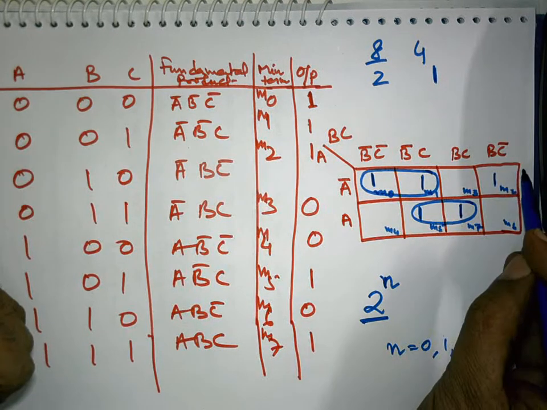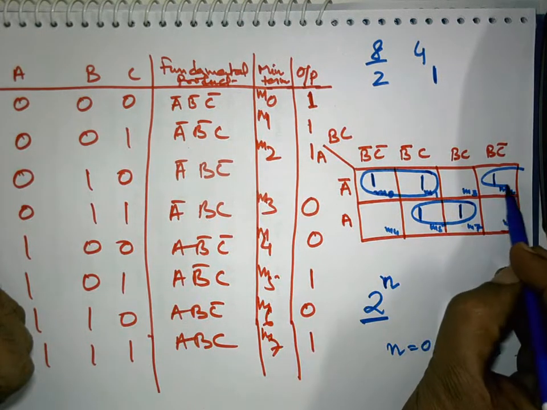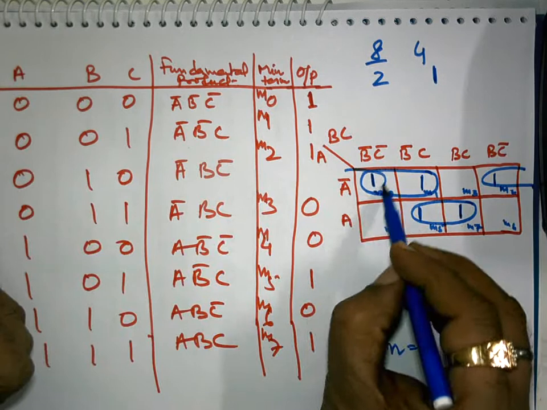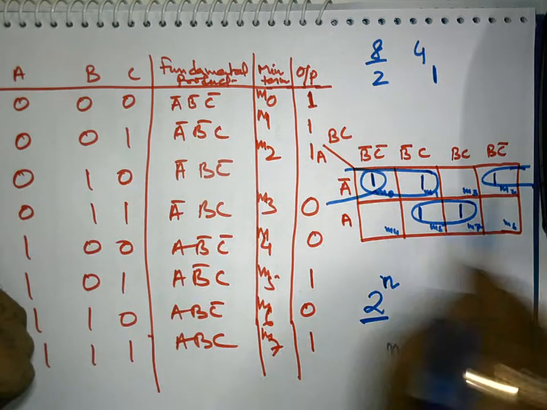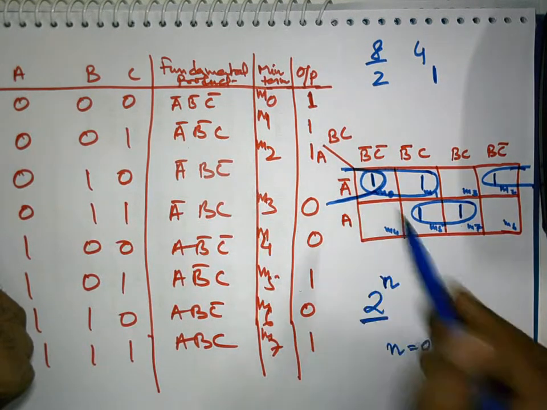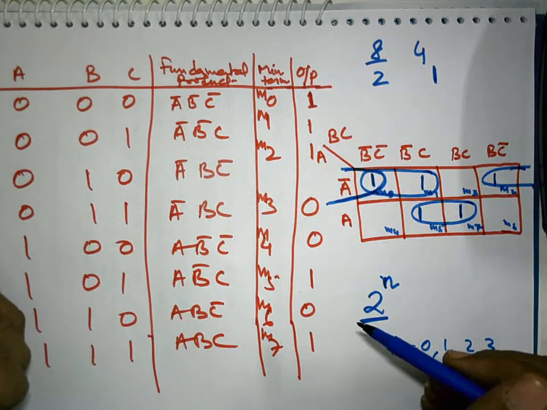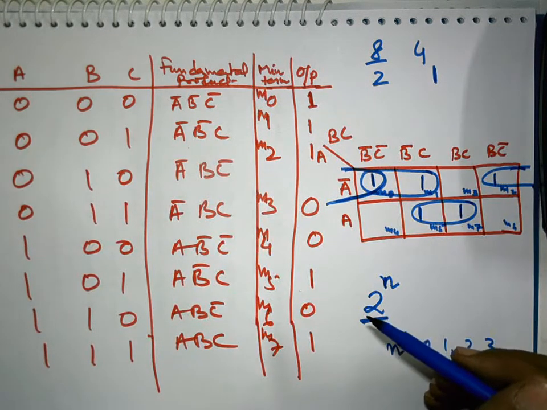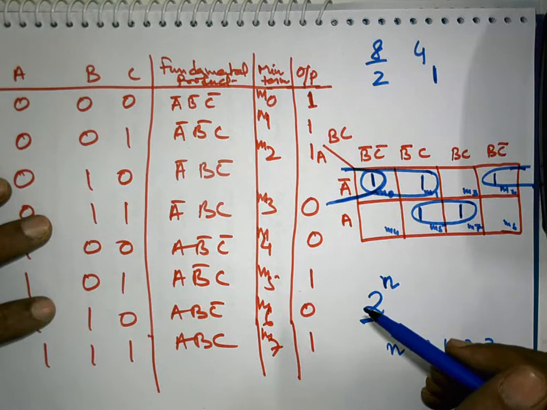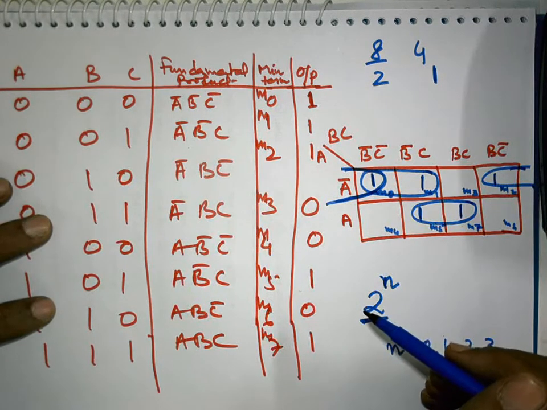Okay, and the number of ones that can occur together to form a group is this. This one is also the neighbor of this one. Agreed with this or not? They are neighbors.